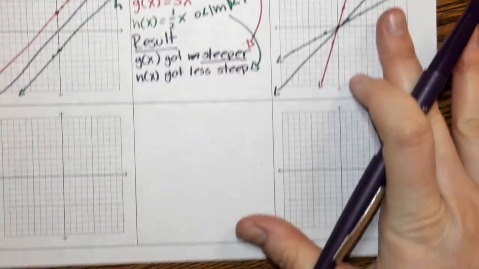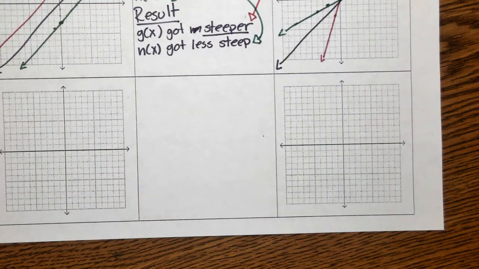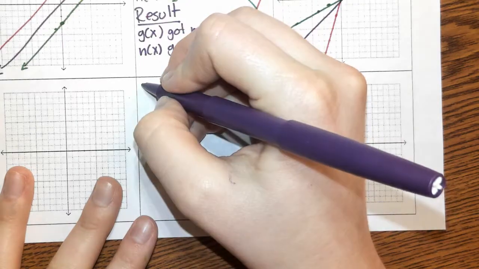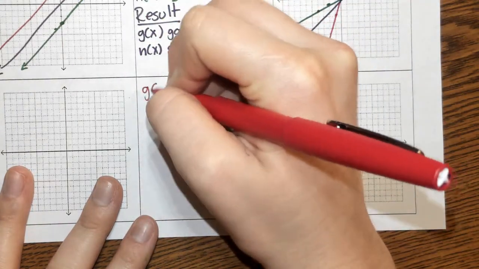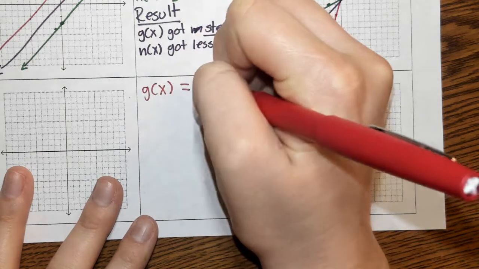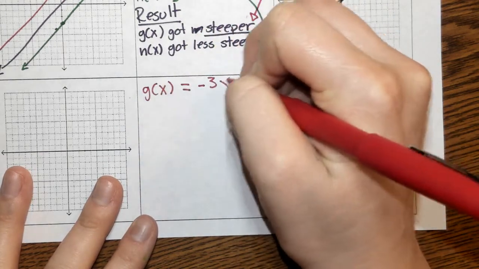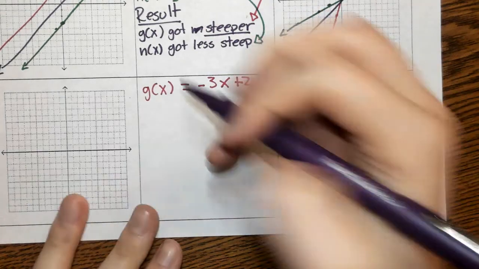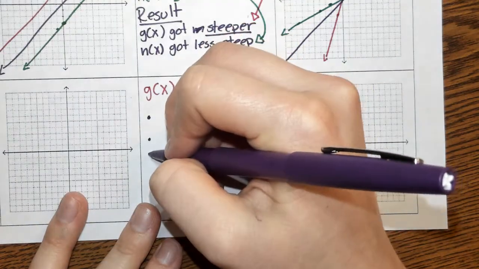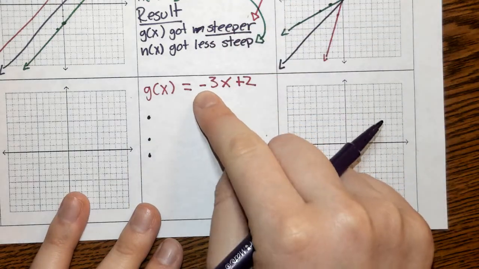So what we're going to do now is an example. If I have g of x equal to negative 3x plus 2, there are 3 things that are changing. Do I have a negative slope?